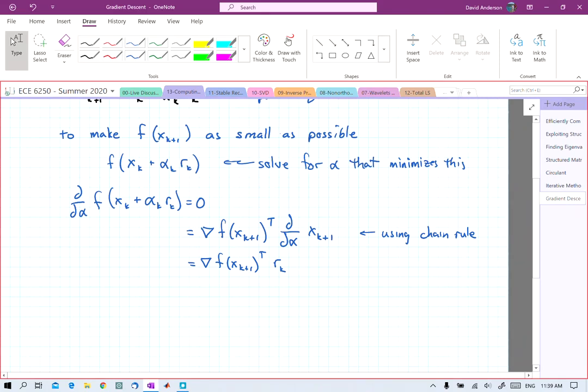Okay. Well, so we have two vectors here. We have the derivative of f transpose using the chain rule times rk. So we have rk. That's great. And in order to solve this problem, we need rk to be perpendicular to our derivative of our cost function.